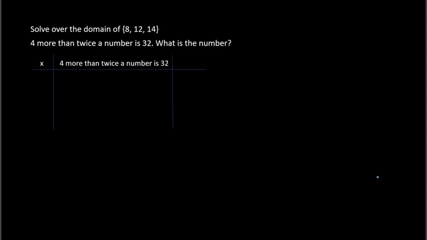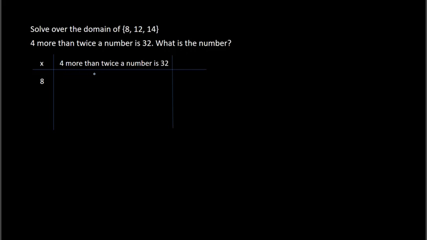So I can do the same thing that I was doing before, but in this case we're plugging a number into this English phrase. So in place of the part where it says a number, I can plug in the actual number. So we're plugging in 8, 12, and 14, so plug an 8 in.